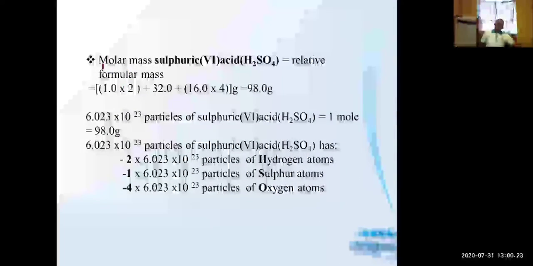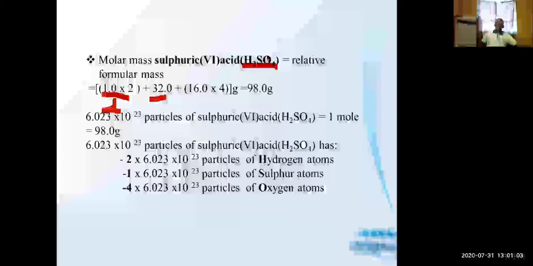So we have also sulfuric acid, the molar mass of sulfuric acid, which is this. How do we get the relative formula mass? It is by adding the relative atomic mass of all elements making that compound. Hydrogen has a relative atomic mass of 1, and here there are two, so 1 times 2 gives 2. Sulfur has a relative atomic mass of 32.